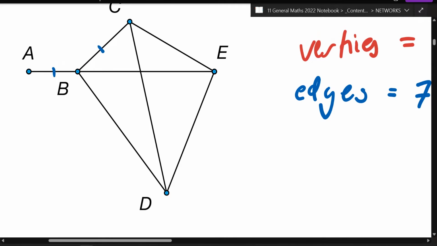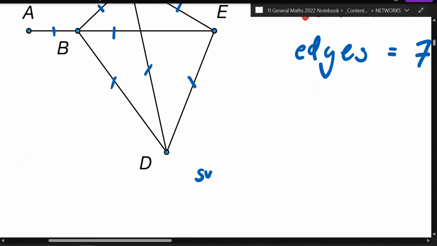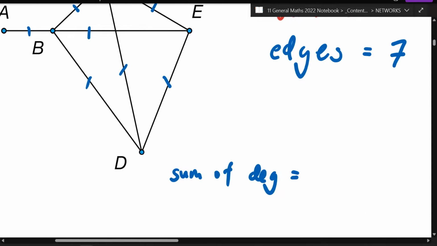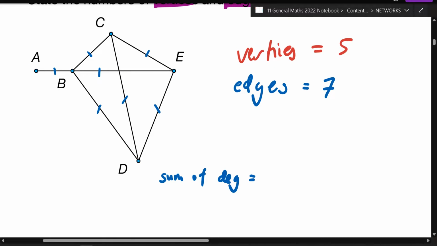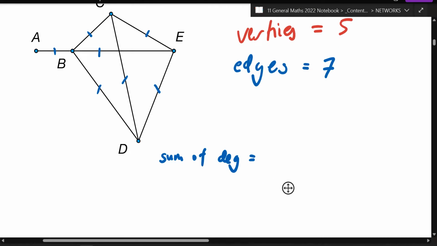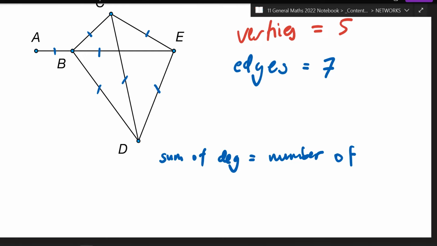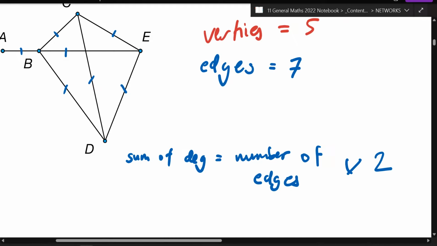So 1, 2, 3, 4, 5, 6, 7. That means the sum of degrees for this graph, all you've got to do is multiply that by 2. The formula for the sum of degrees is the number of edges times 2.